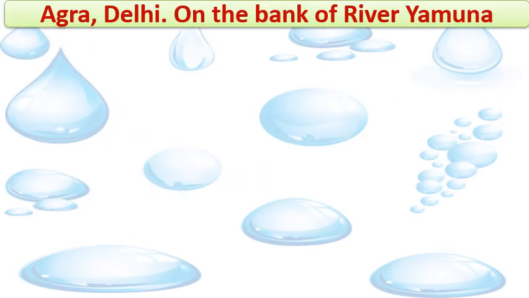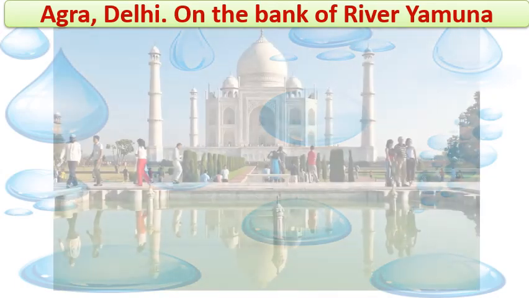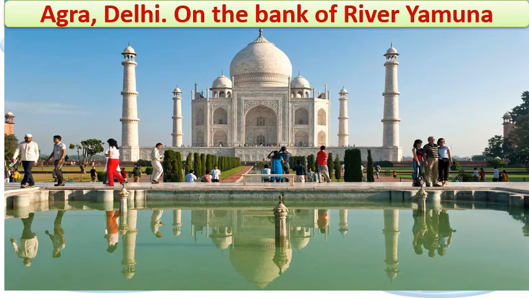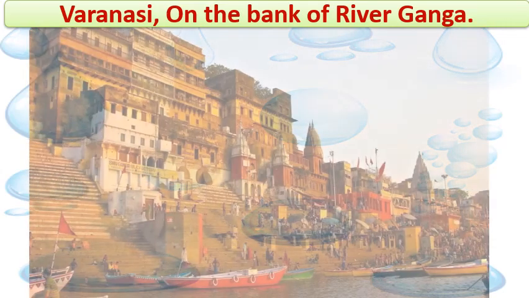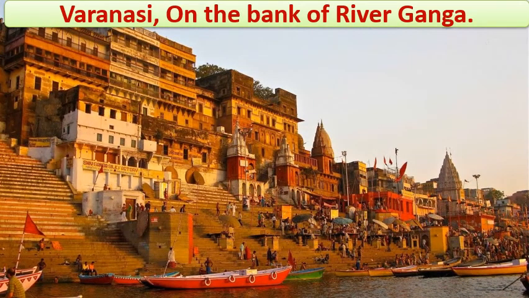See, dear students, Delhi is the capital of our country. It is situated on the banks of the river Yamuna in North India. See, this is the Taj Mahal, and Taj Mahal is in Agra, correct? And this is on the banks of river Yamuna. Second one, Varanasi. It is on the bank of river Ganga.